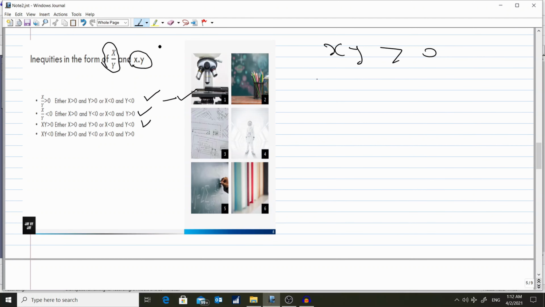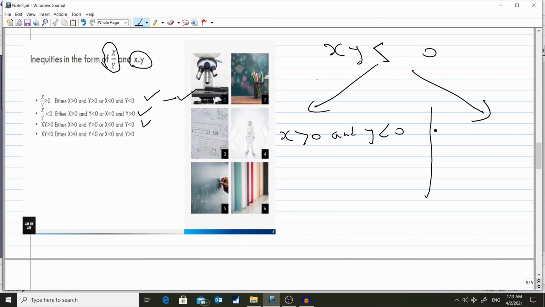Let's move to the final one. Here we have x multiplied by y less than 0. There are two possibilities we can write here. x greater than 0 and y less than 0 is one solution. The other is x less than 0 and y greater than 0.